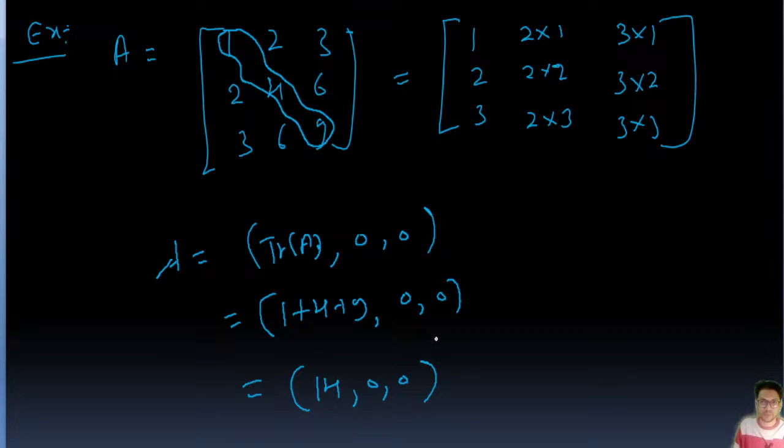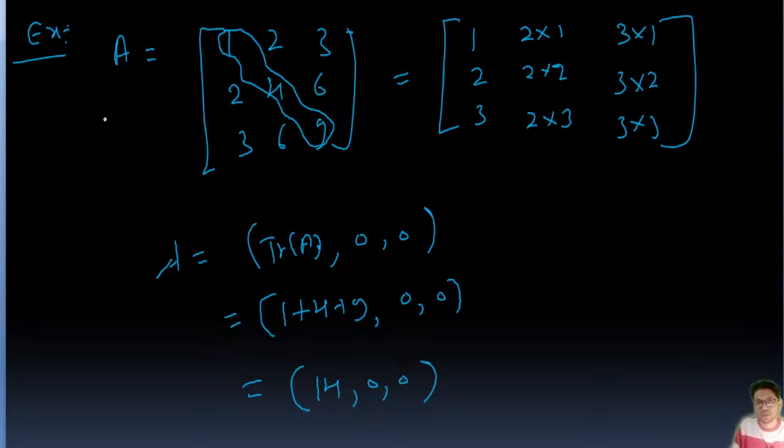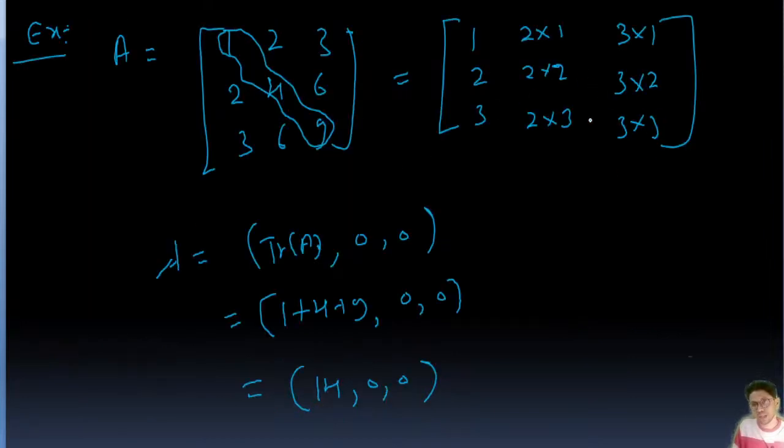Very important property, okay, this one. If any two rows or columns are scalar multiples of each other, then in that case the eigenvalues are going to be the trace and then zeros.